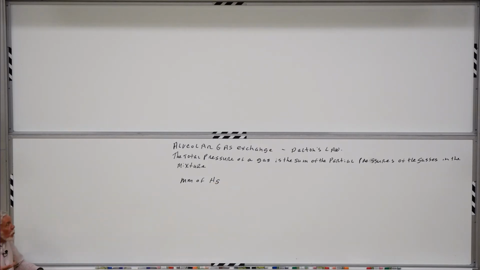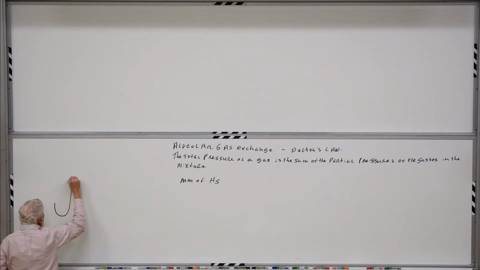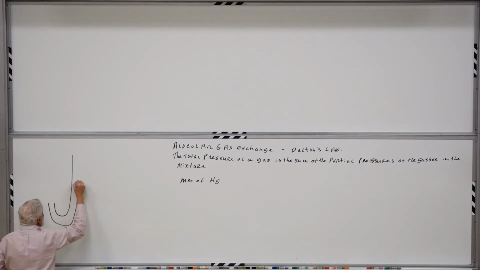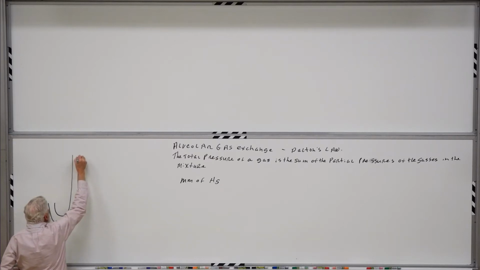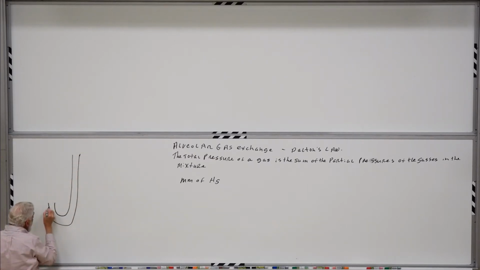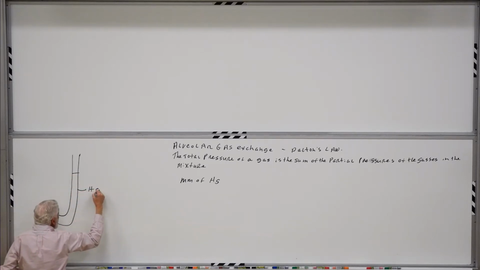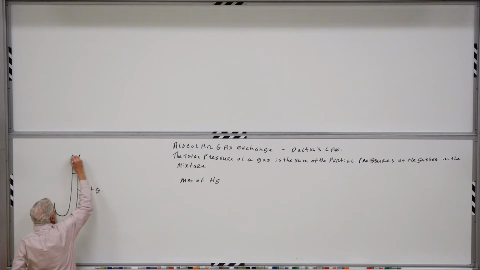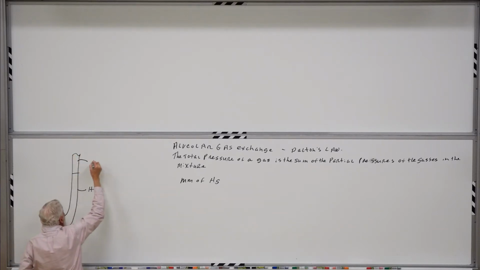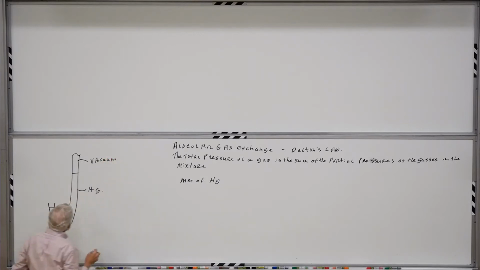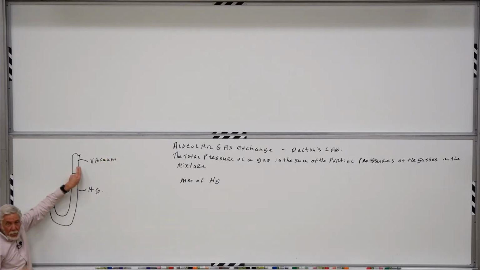Now, millimeters of mercury arises from the early experiments, and some of these experiments were done all the way back in the time of Boyle, during the 17th century, where what they did is they took a column of mercury, where this is mercury, and in this end of the tube, they sealed this end of the tube and they generated a vacuum. So basically, there's no air up here.